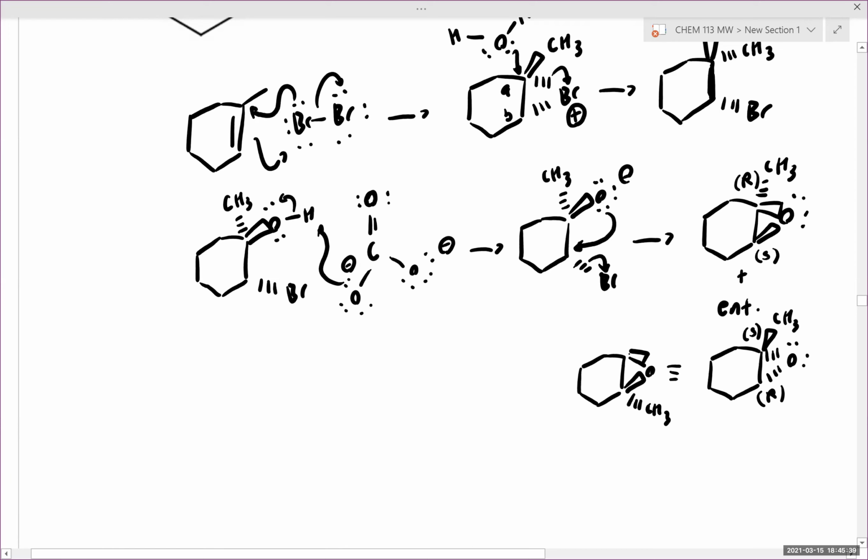And as we can see, this center is S and this center is R. Does that answer your question? Yes, thank you. Perfect.